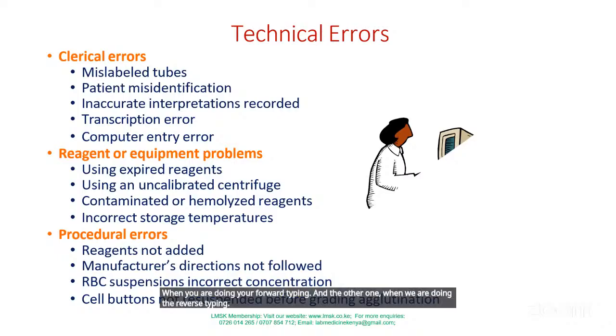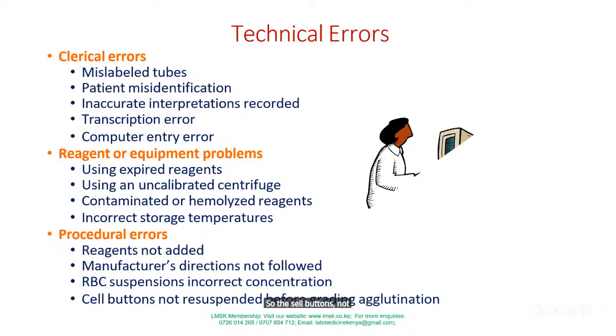So the cell button not resuspended before grading the agglutination. So immediately after centrifuging, what you will see is the cell button. So if you don't resuspend, then you will read everything as agglutination, and you will end up having a wrong blood group. So we encourage you to use the tube method. It is more sensitive and more accurate compared to other methods like the slides.